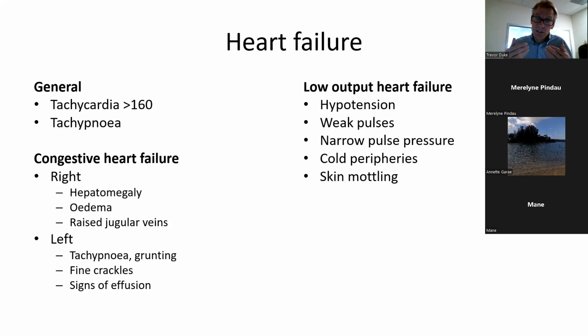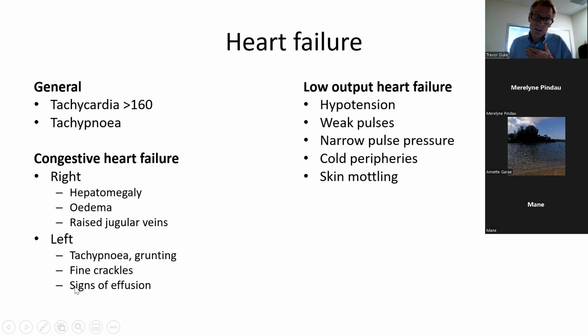When you see heart failure, think, is it congestive or low output? Is it right or left? Right heart failure gives you hepatomegaly and edema and raised jugular venous pressure. Left heart failure gives you tachypnea and grunting and fine crackles throughout, and then signs of effusion.